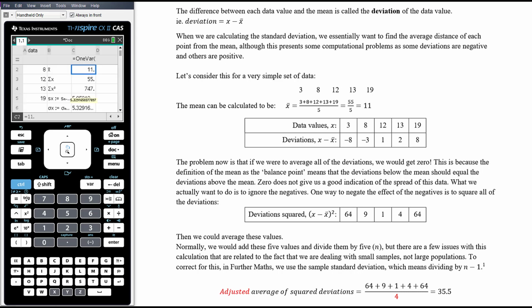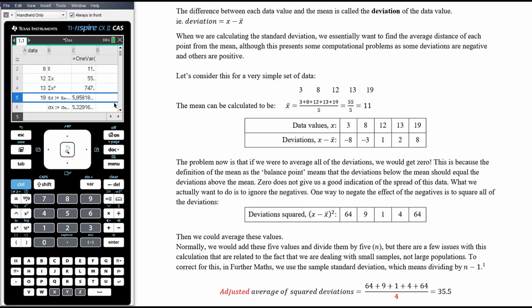So press OK, and I get this one variable statistics that we've seen before when we calculated the 5-figure summary. We've got this x bar here, that's our mean. That matches with what we calculated by hand for this particular data set. We've got the sum of all the data values, 55, which we calculated over here. We've got our standard deviation, which is this sx. The sigma x, the next line here, in row 6 of the spreadsheet, is also a standard deviation, but that's a population standard deviation, and we don't use that one in Further Maths.